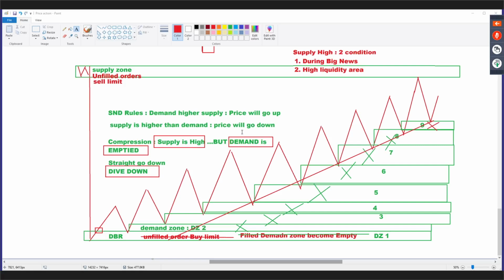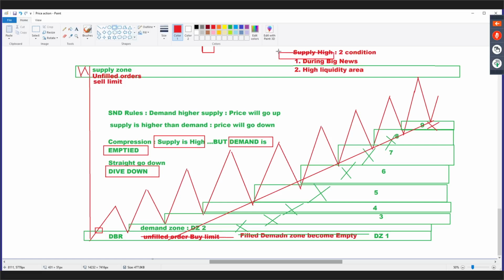They wait for big financial news for those countries or currencies like US dollar or GBP or Australia. So they wait for moments like announcements from the government, and only during that big news will they enter the market. But when they enter the market, they don't enter with a small amount of money. They put in millions, like billions of money. So that is when we call the supply high.